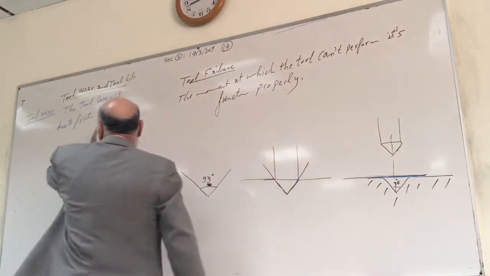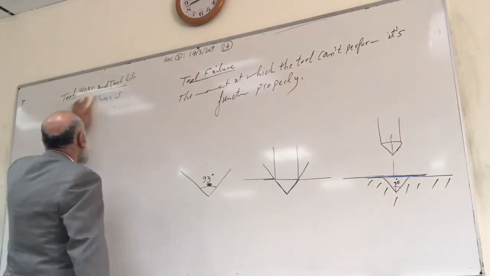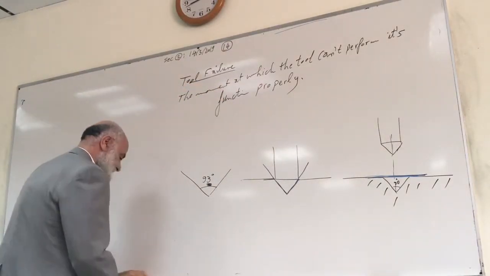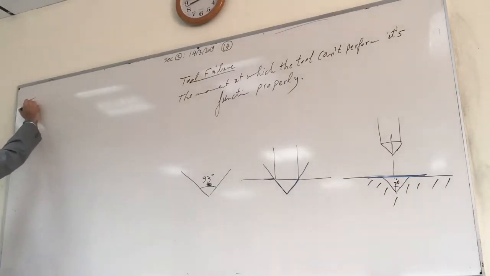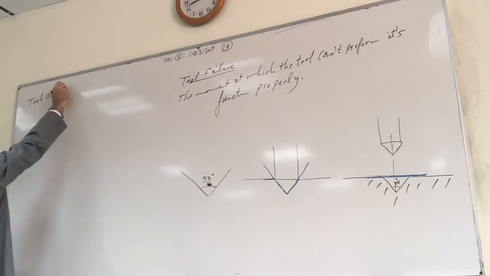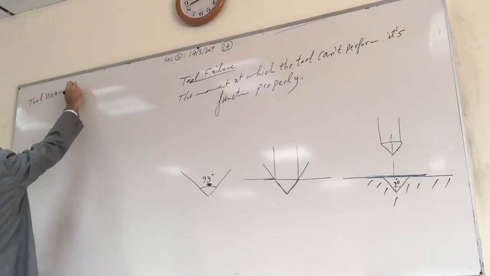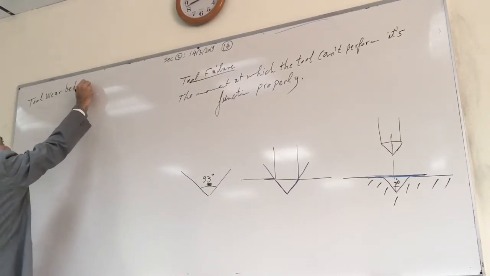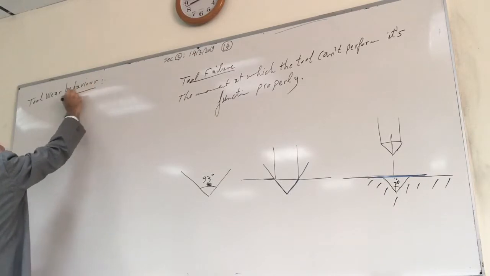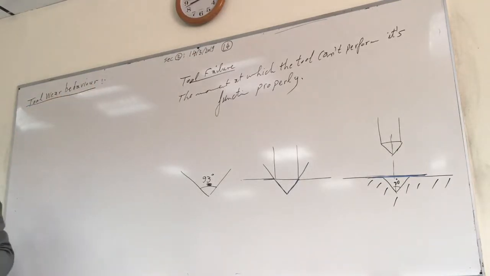Next item is tool wear behavior. Tool wear behavior means what is the time relationship of the tool wear. What is the behavior of the tool along the time.